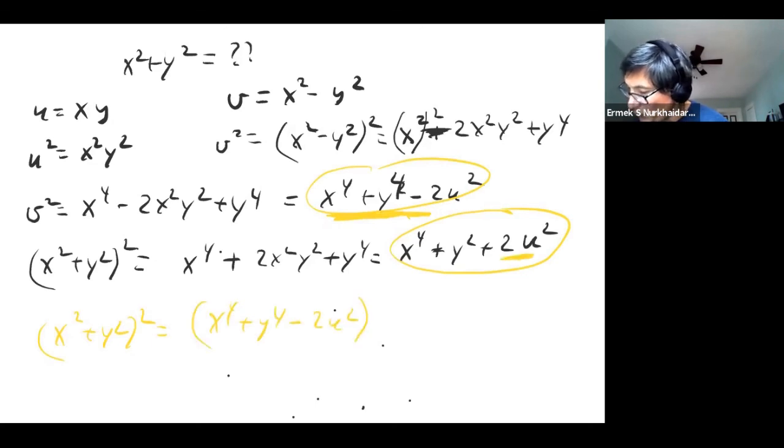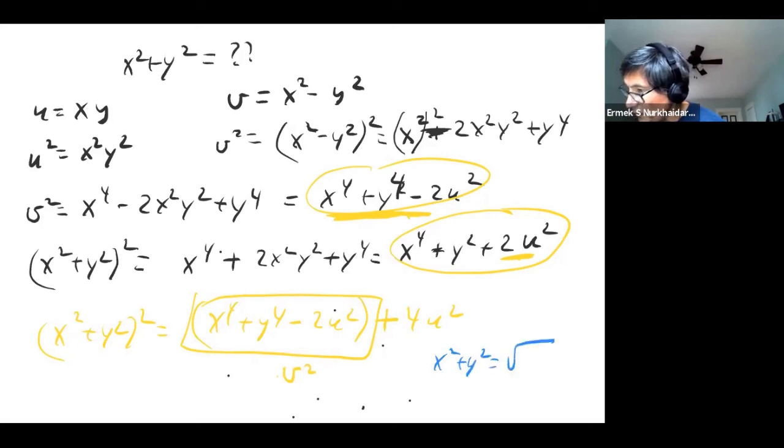And to balance it, we need to put an extra 4u squared. And that expression is v squared. So finally, we get x squared plus y squared equals the square root of v squared plus 4u squared.